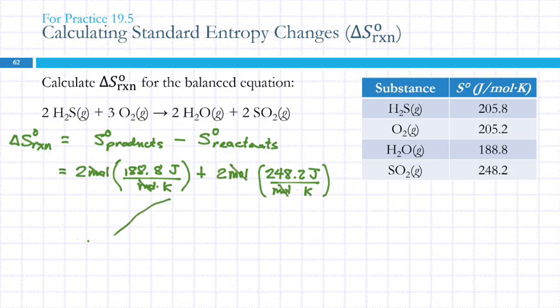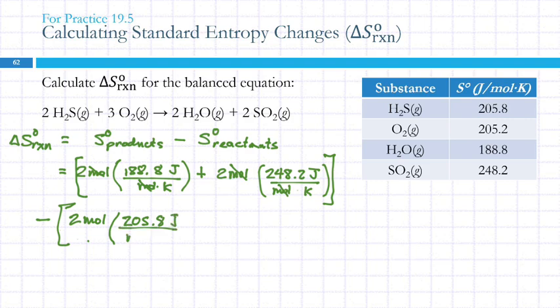And the moles cancel out. So that's the products. And then we're going to subtract the reactants. So reactants, 2 H2S. So 2 moles of that, and H2S in the gas state, 205.8 joules per mole Kelvin. Moles cancel out.